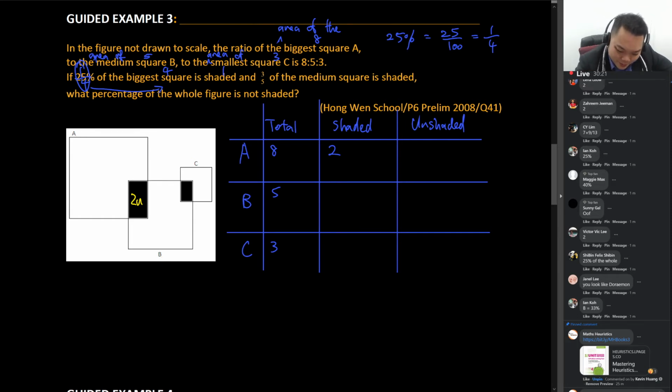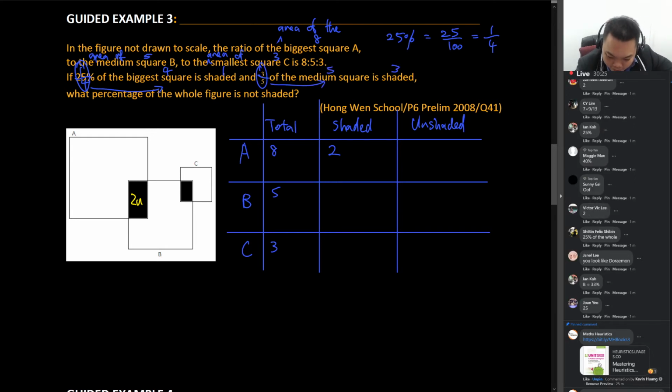And then the next thing we can see is that 3/5 of the medium square is shaded. So over here we don't really have to crack our brain. If it's 3/5 of 5 units, this is very convenient because this means you have got 3 units of square B being shaded.